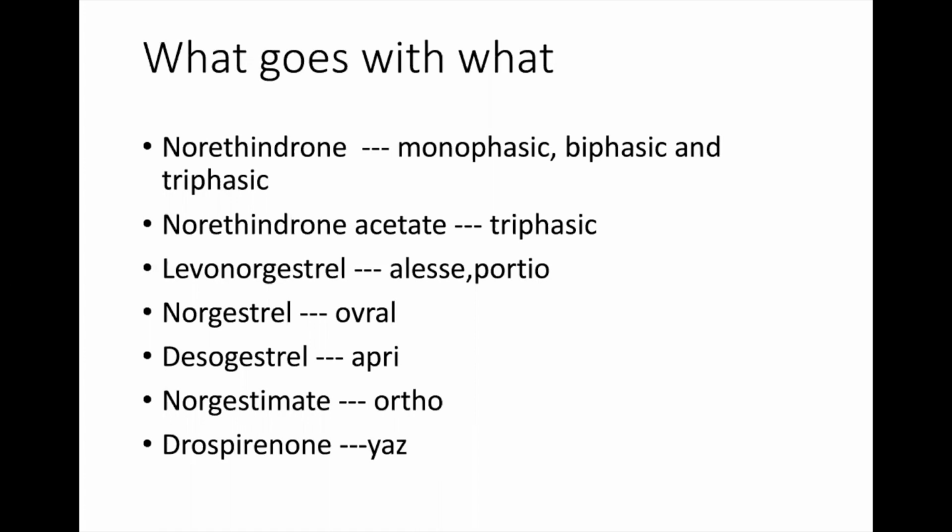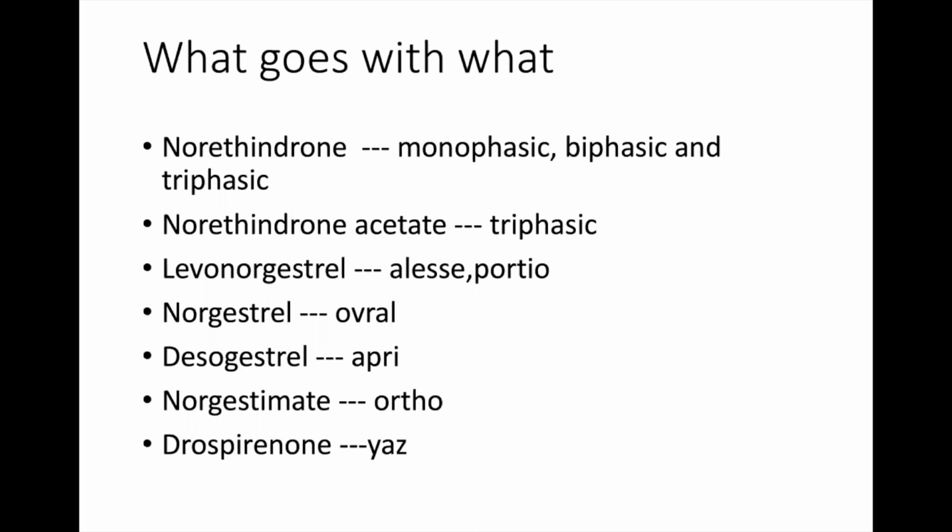Of course, the progestin part has a lot of advantages and disadvantages. It depends on how strong the progesterone is to give you unwanted side effects or disadvantages of each one.